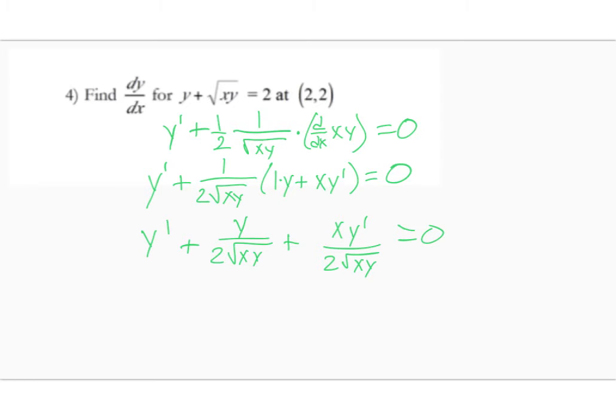Get my y prime stuff going on, and we end up with 1 plus x over 2 square roots of xy. On the other side, we're going to end up with y over 2 square roots of xy. To finish this up, I could just divide this, and we end up with a really gross fraction, and that's totally fine.